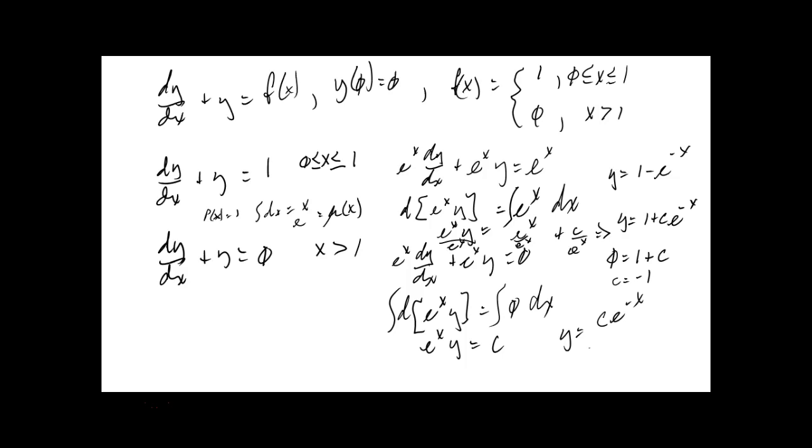Now, this is where things get a little squirrely, okay? I can see no justification for plugging in x equals 0 here. If you put x, then you have 0 is equal to c.